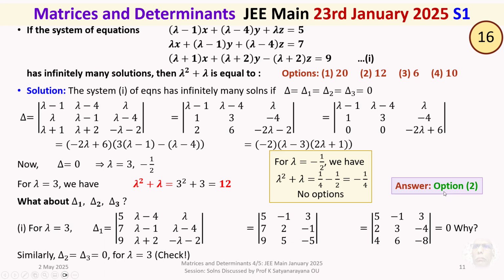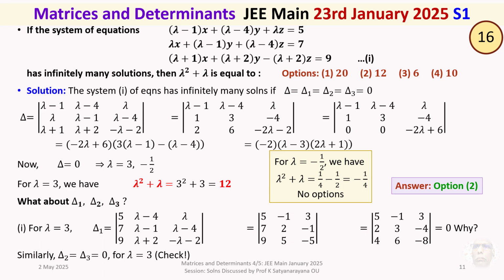So in these 4 questions, a system of equations is given and it asks whether it has infinitely many solutions, or no solution, and so on. These are the 2 items that are considered here.